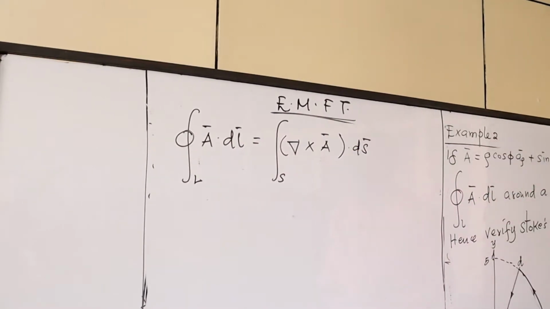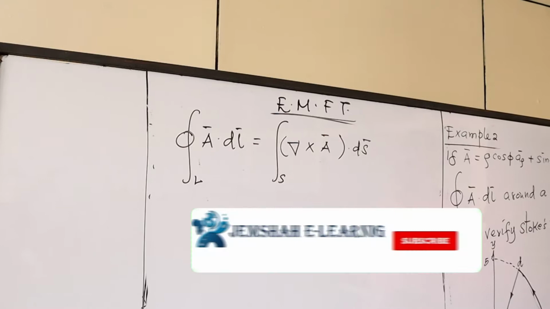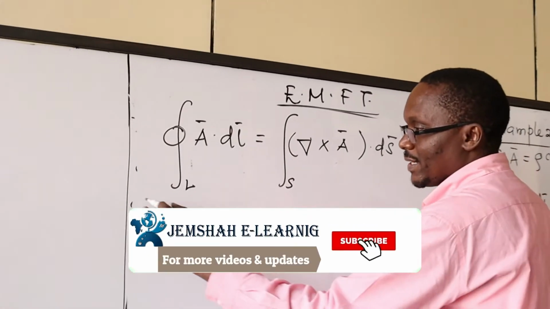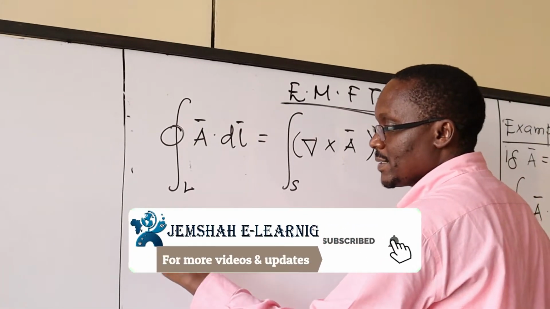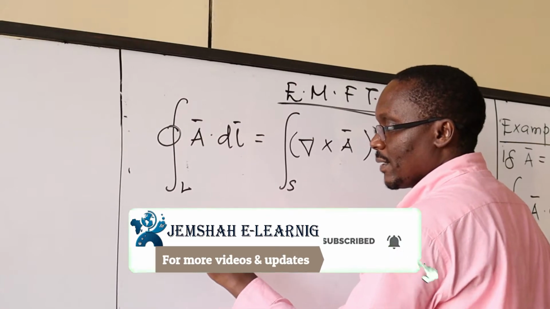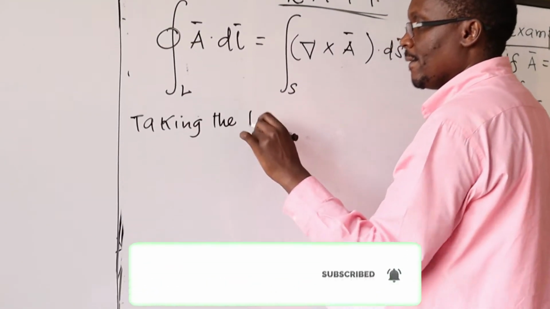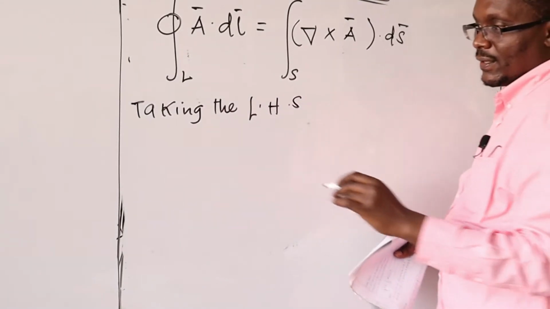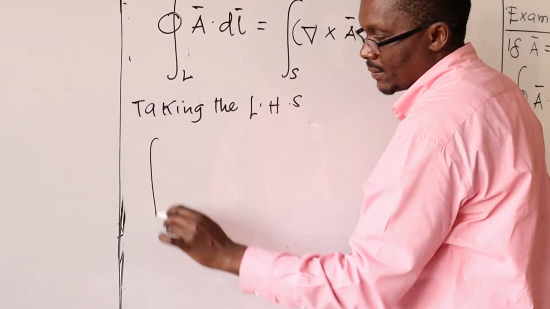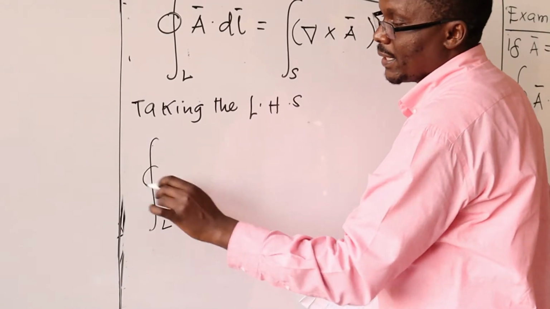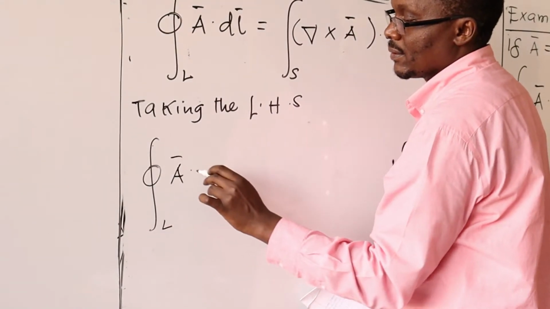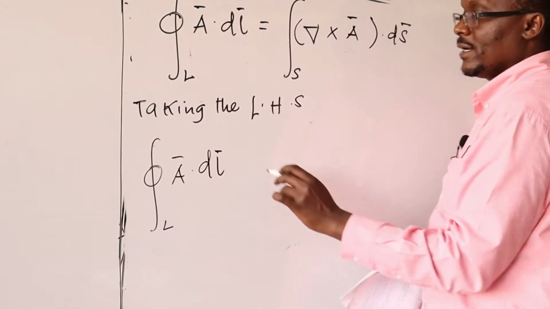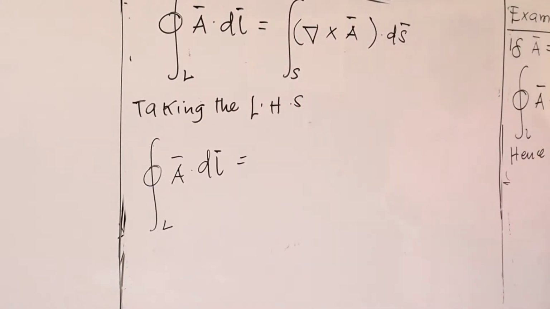That is our Stokes theorem. So we need to start with the left-hand side and show that the left-hand side must be the same as the right-hand side. So taking the left-hand side, this is what we have, A dot dl.